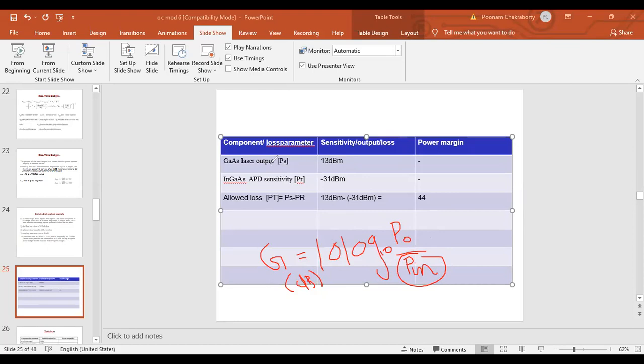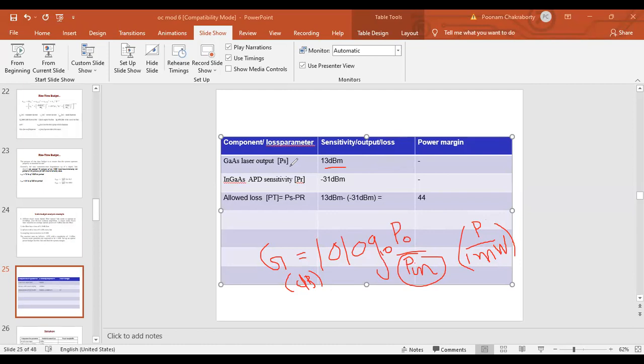So when I say dBm, the reference power, when I'm measuring a laser's power, is always measured with respect to 1 milliwatt. So this is the case which has happened over here.